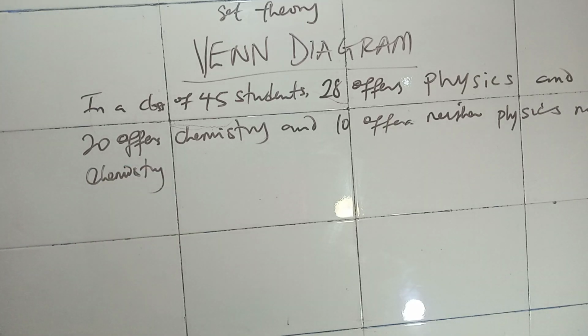And look at the question again. In a class of 45 students, 28 offer physics and 20 offer chemistry, and 10 offer neither physics nor chemistry. Okay.